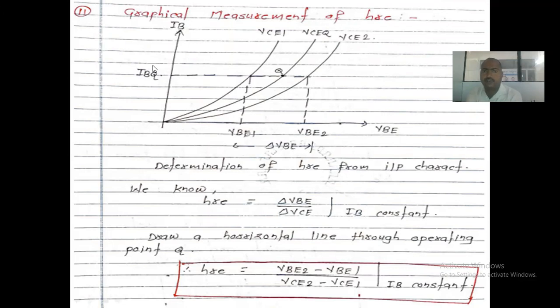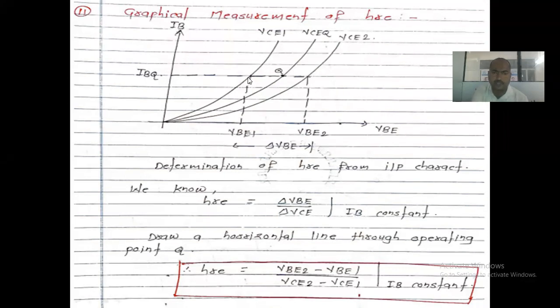When we calculate the graphical measurement of hre, in that case we just take the plot of VB versus IB, right? VB indicates the base to emitter voltage versus your base current. So to calculate this parameter, we just take one horizontal line through this operating point.